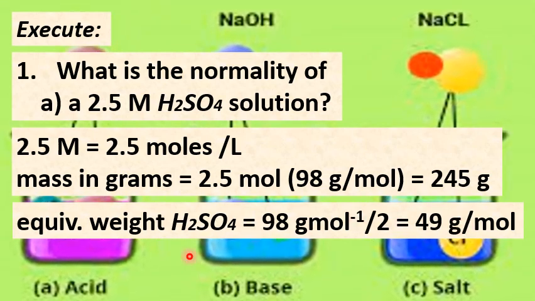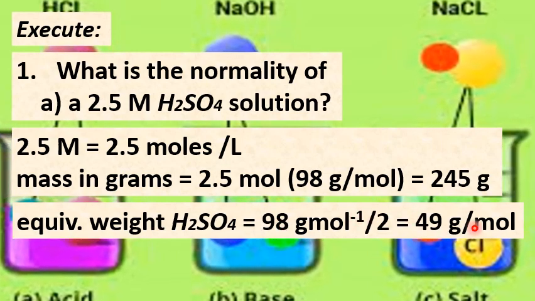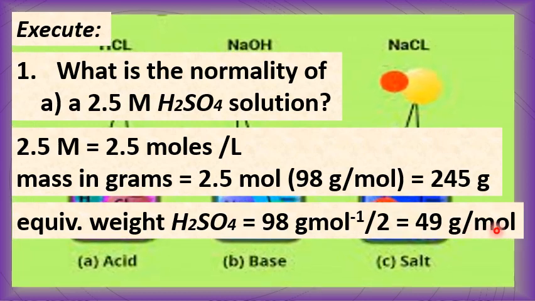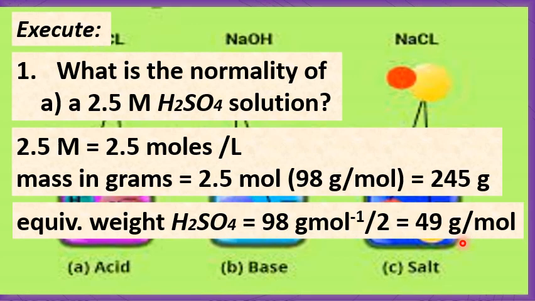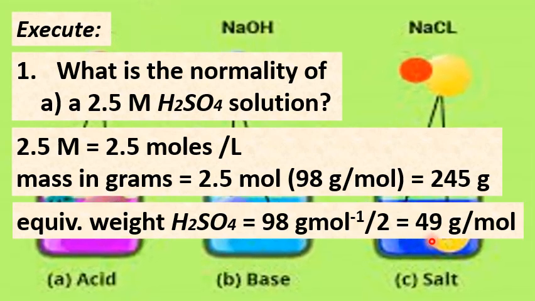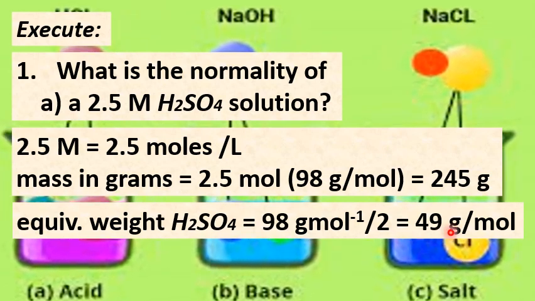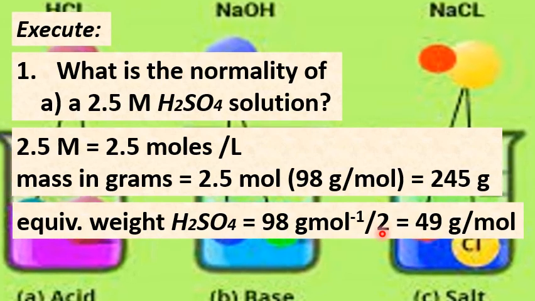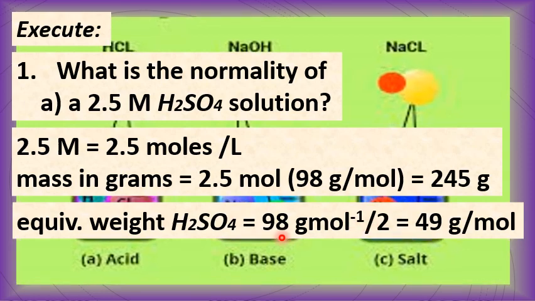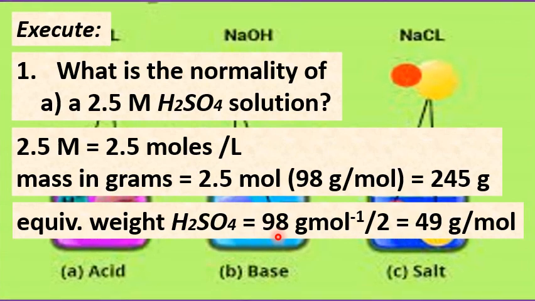Strictly speaking, the word weight is just a misnomer. This is actually more appropriately called the equivalent mass of sulfuric acid. You notice it is related to the molar mass of the solute. It's just that we have to consider the net value of the ionic charge.